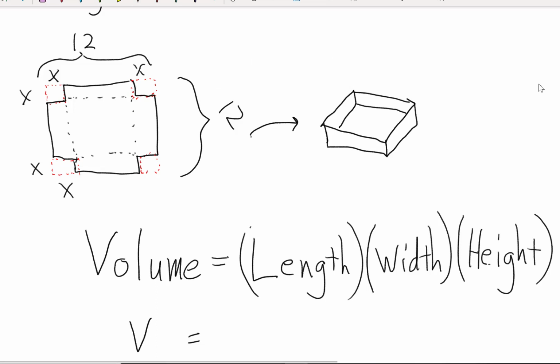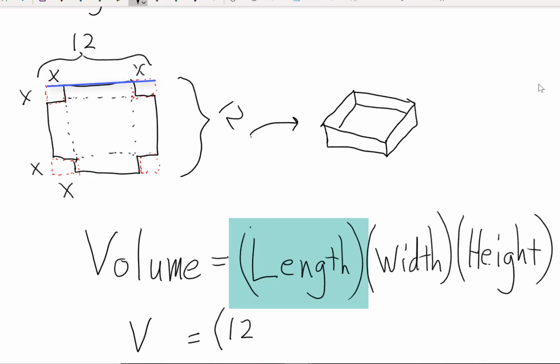Now let's go back to our function and think about just one component, the length. How long will this shape be based off my picture? Well, it starts out at 12 inches, but then I'm cutting out 2x inches from the side. So I'll minus out 2x.